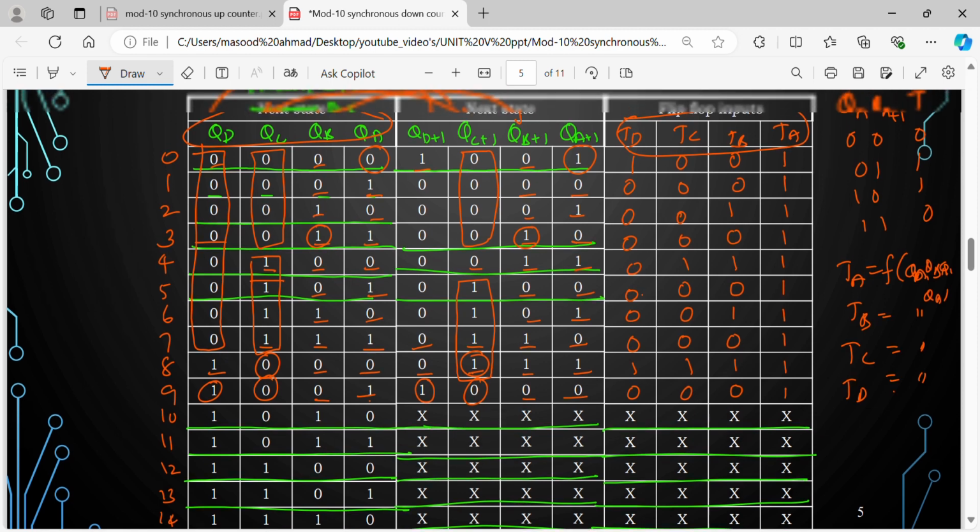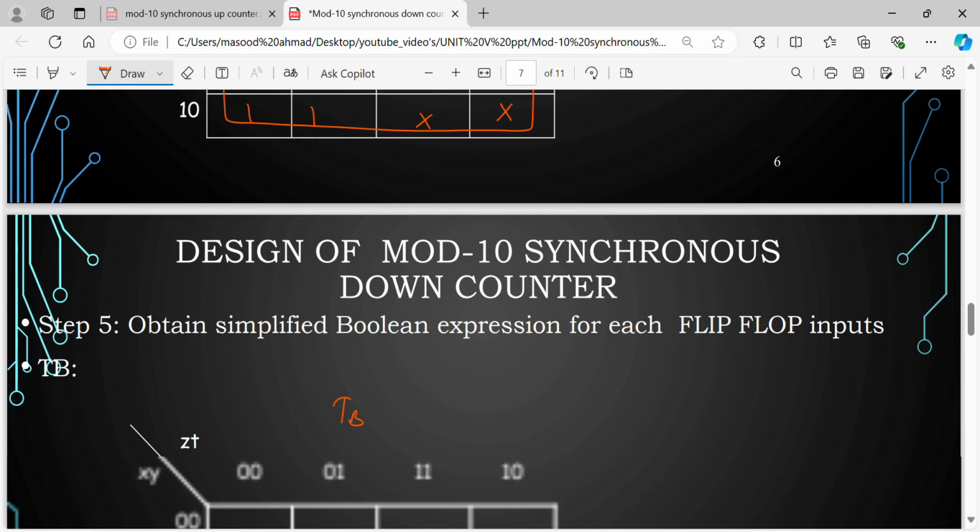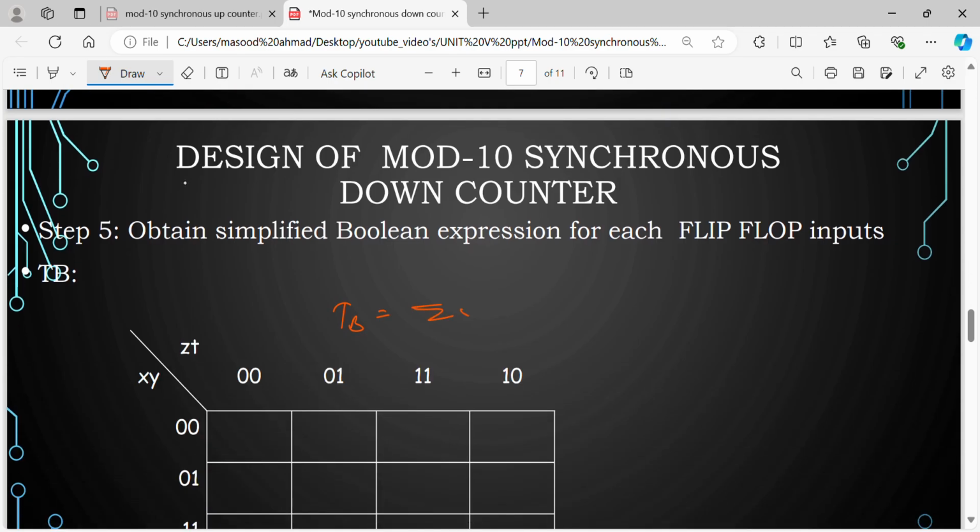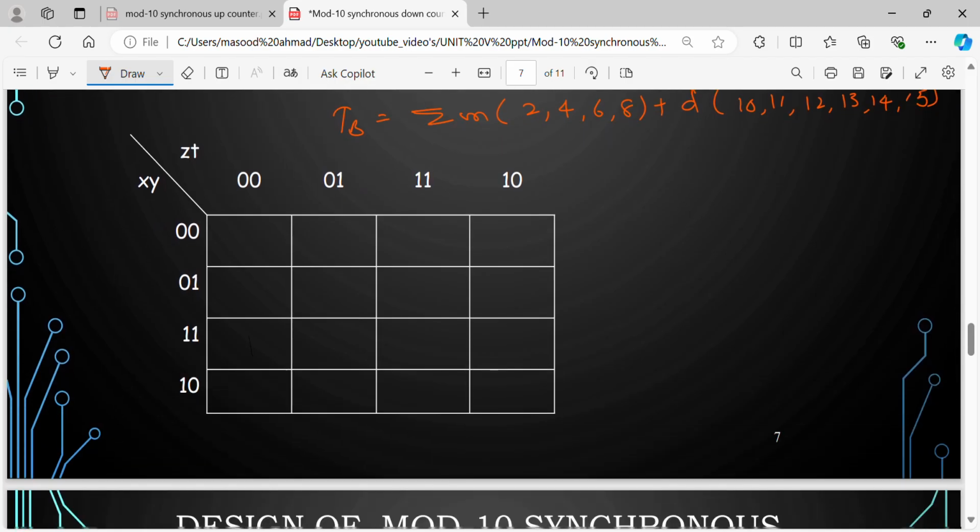So TB is 1 for 2, 4, 6, 8. I can say TB is sigma m of 2, 4, 6, 8 plus don't care terms of 10, 11, 12, 13, 14, 15.